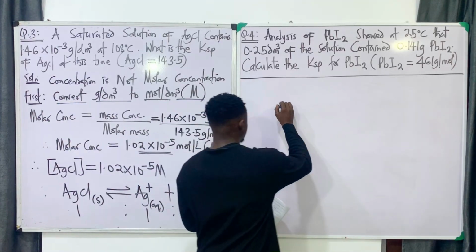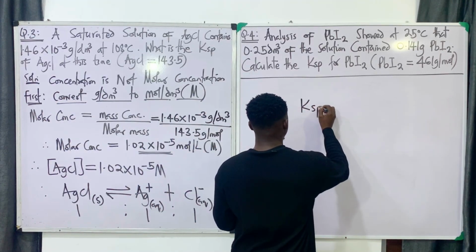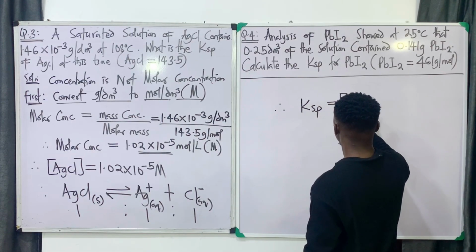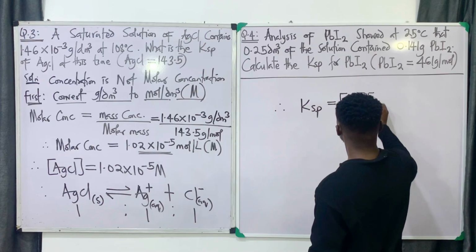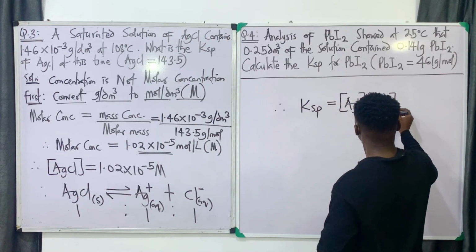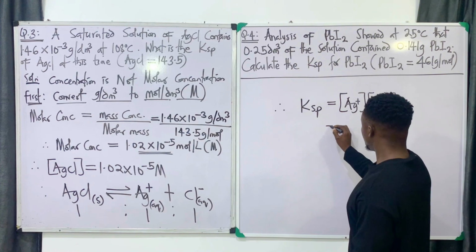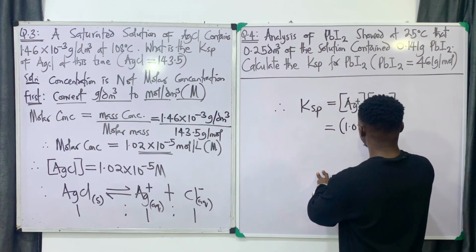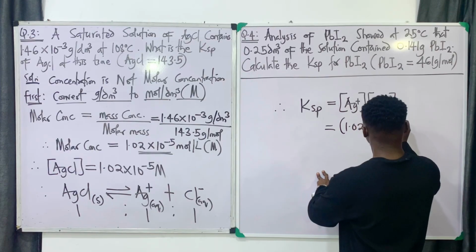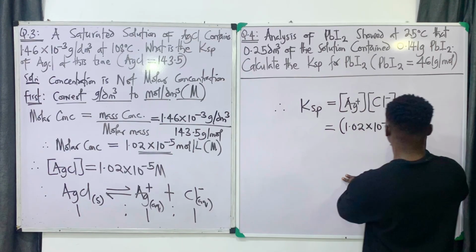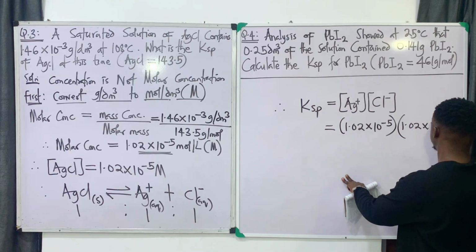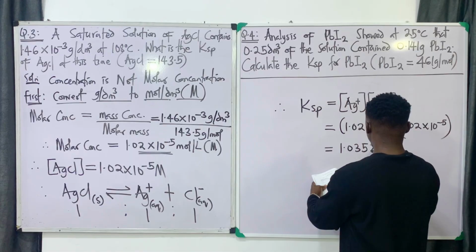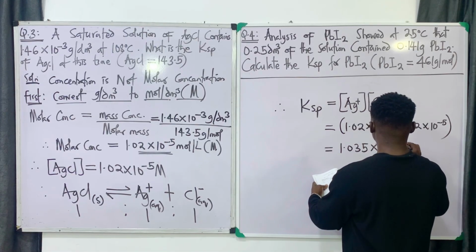So therefore, Ksp of AgCl would be Ag plus times Cl minus. Anywhere you see Ag plus, you're going to put 1.02 times 10 raised to the power of minus 5 times 1.02 times 10 raised to the power of minus 5. So when you press your calculator, that gives times 10 raised to the power of minus 10.